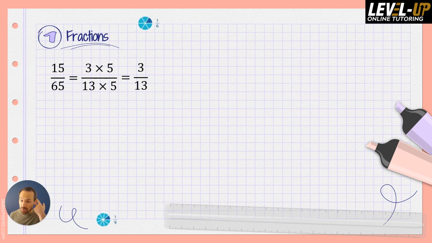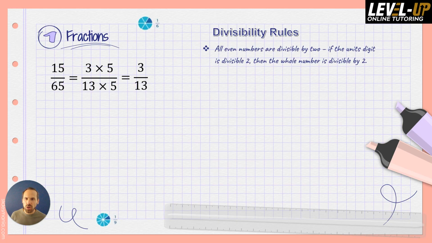In order to do that, we need to look for common factors, and to do that, we can use certain things known as divisibility rules. If we want to know whether a number is divisible by another number, for certain common, smaller numbers, we have common rules. Say if we want to divide a number by 2, any number that's even, so if the last digit is divisible by 2, the whole number is divisible by 2.